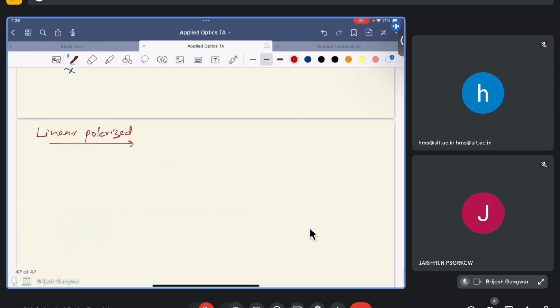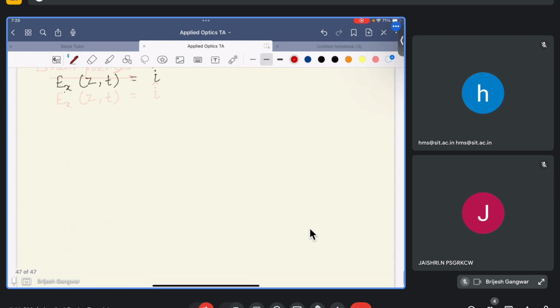Now let me consider two orthogonal optical disturbances. One is in the x direction, that we call Ex, propagating in the z direction at time t. Then you can write it, since this is going in the x direction, I consider i cap.